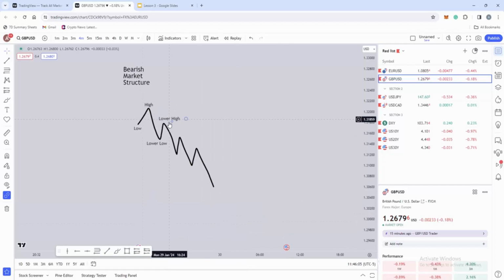Same thing happening again, price is expanding lower then retracing higher, and the low of the new expansion is lower than the low of the previous bearish expansion, so it's a lower low. And the retracement's high is lower than the high of the previous retracement.